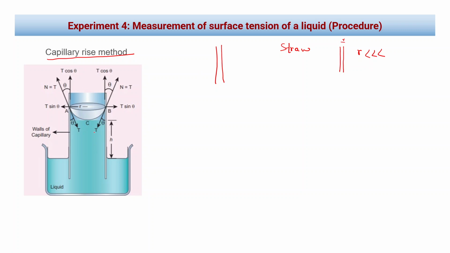So when we have such a tube called a capillary and we insert it in a beaker as shown in the diagram, we'll observe that even without us doing anything, the liquid will rise inside the capillary. The liquid was initially like this in the beaker.